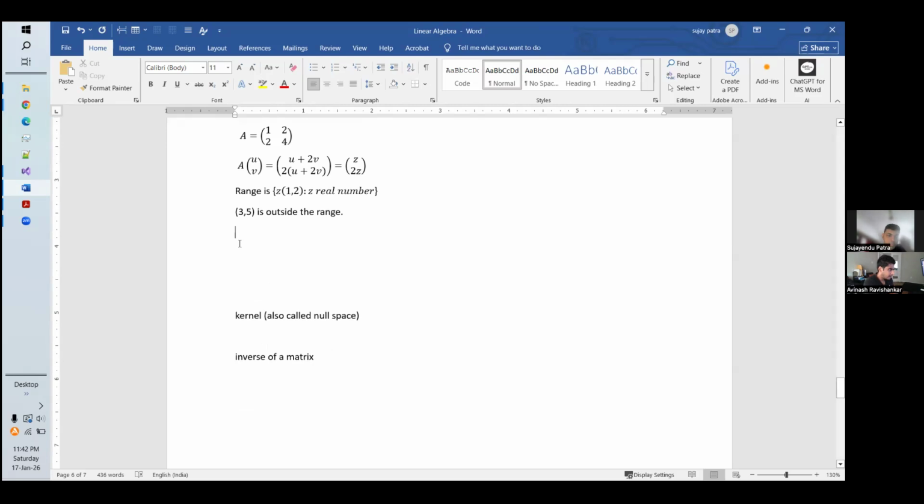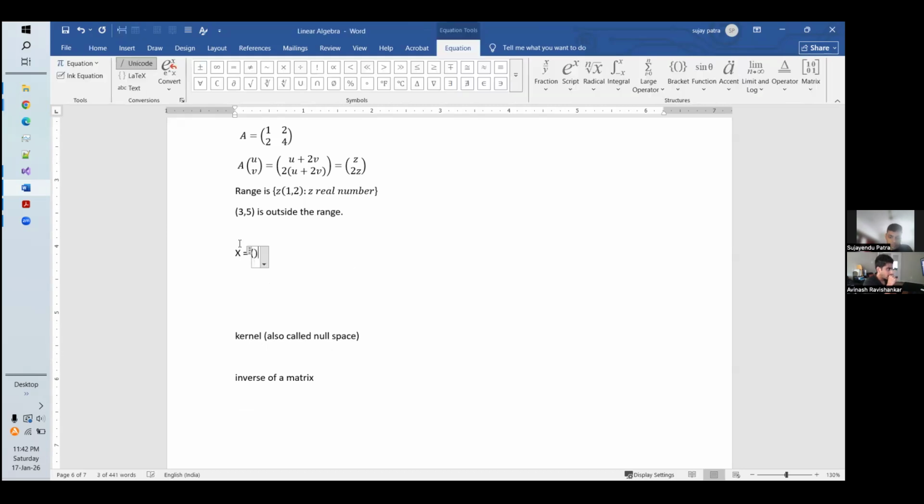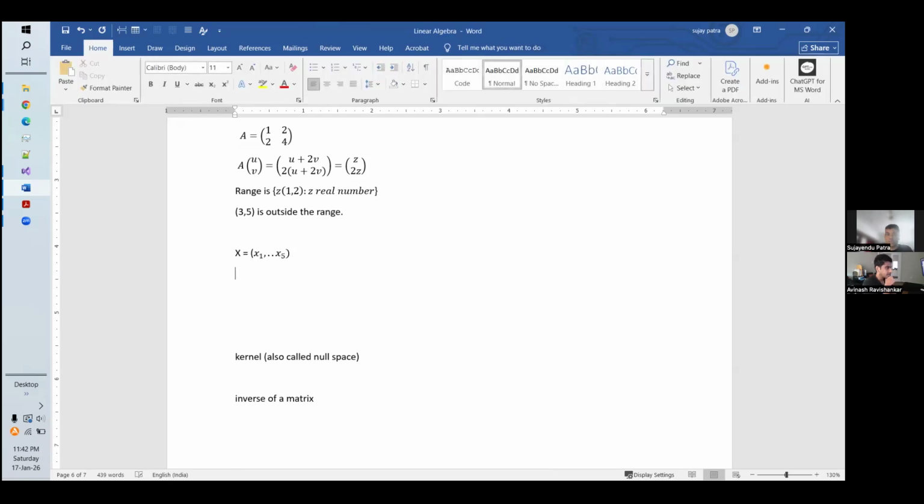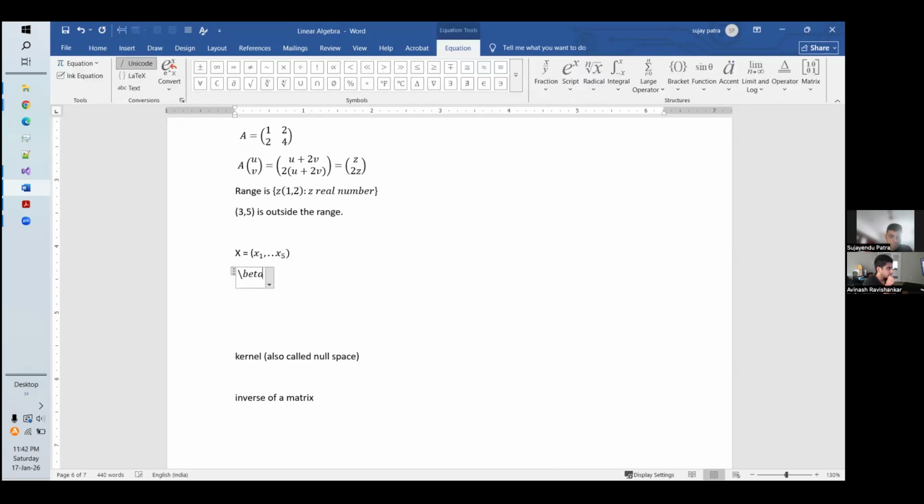The way I'm restricting is, let's think of it this way. Suppose the X matrix is X1 up to X5. This is my X matrix. And my beta vector, beta is 5 long, typically a column vector.